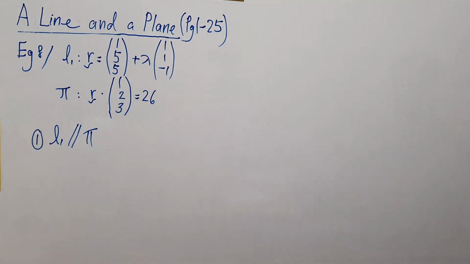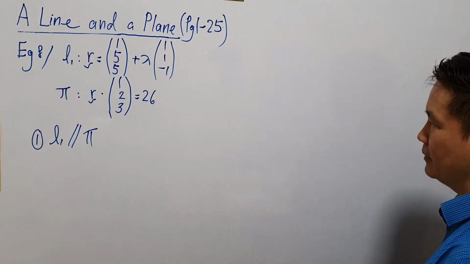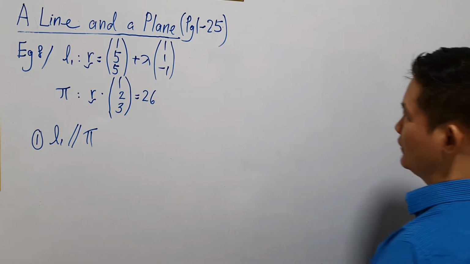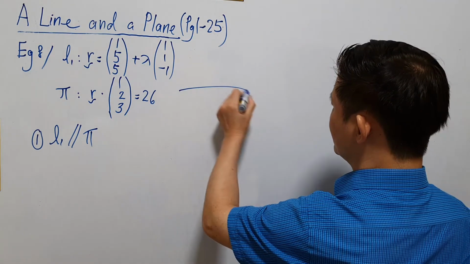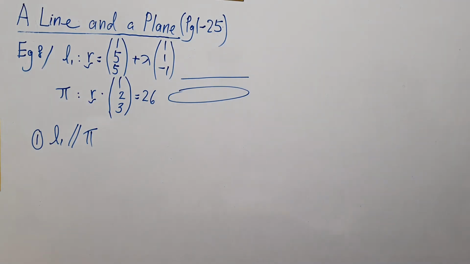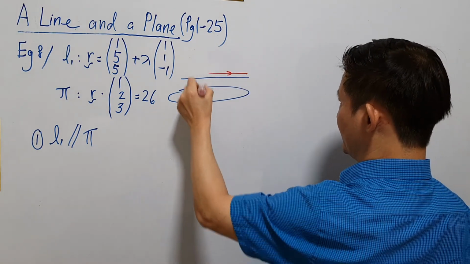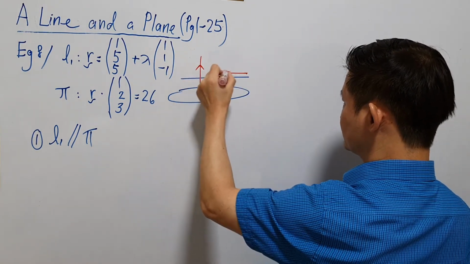In this case, just imagine, for a line to be parallel to the plane, what must happen? If this is a plane and this is a line, if a line is parallel to a plane, like what I discussed in the earlier video, the directional vector of the line and the normal of the plane, what can you say about them?